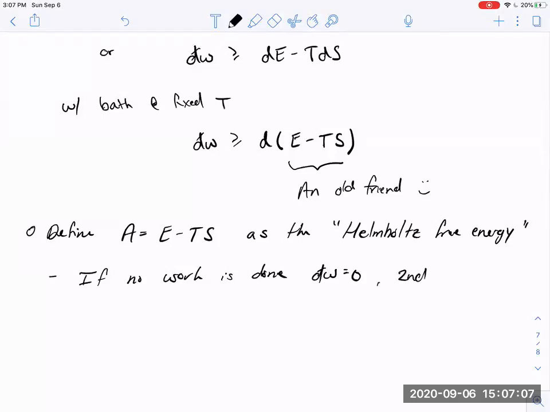The second law then becomes, again, up here, it's what we then define as A. We would say that delta A at fixed temperature, which we use to define this inequality, and mechanical variables, which have to be fixed in order to not do work on the system, must be less than or equal to 0 for a spontaneous process.